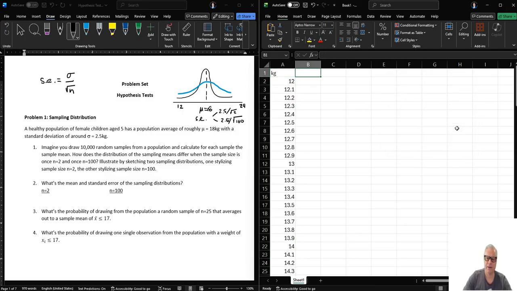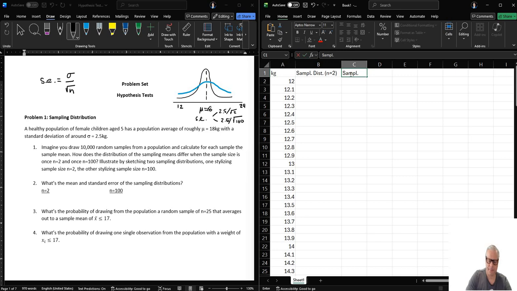Okay, so then I have the sampling distribution when n equals 2, and then I have a sampling distribution when n is equal to 100. And we can actually draw that in Excel.